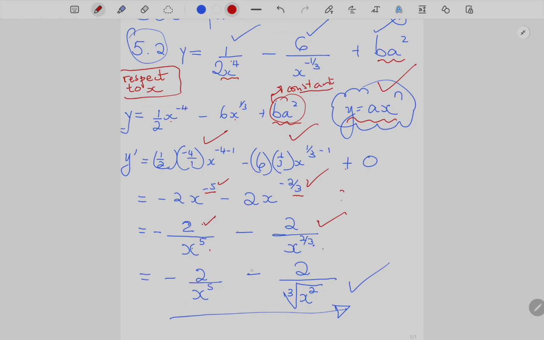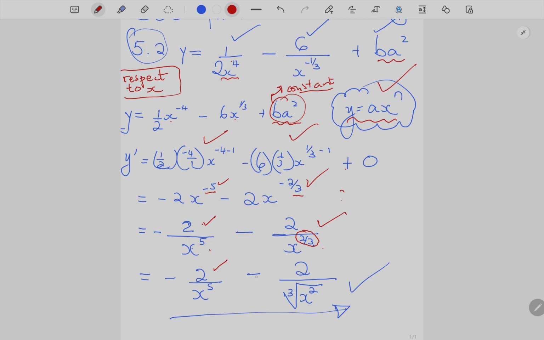With the first term, we are fine. It's correct. Then with the second term, what do you notice here? The 2 over 3 is a fraction. So if the power is a fraction, we must rewrite this x to the power 2 over 3 in surd form.